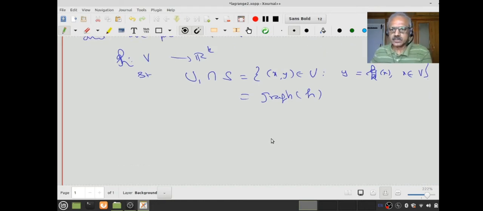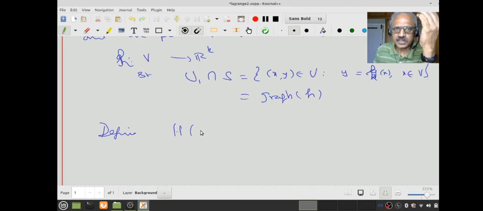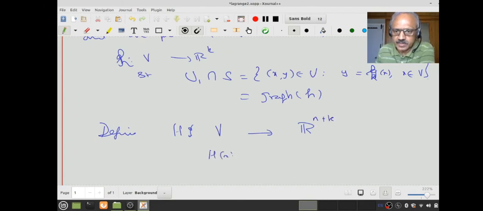So now let's look at the map h of x defined again the way we did the implicit function theorem, how we invoked the inverse function theorem to do it. We are going to do the same thing. Let us define h from V to R^(n+k). How do I define h of x?